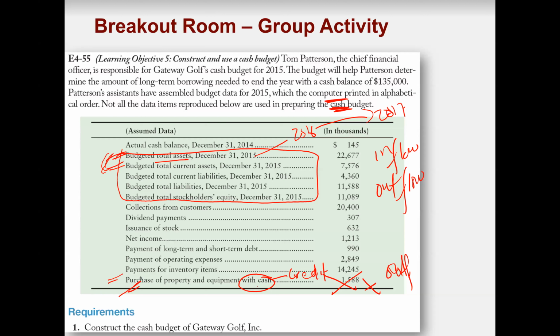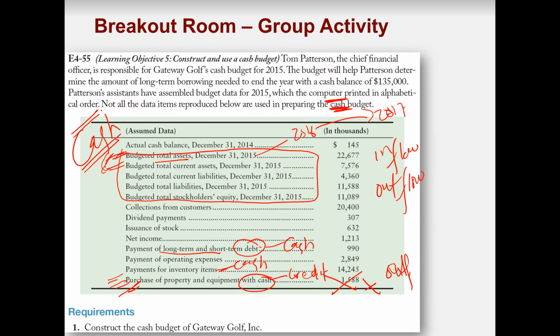If the question is silent, payment of long-term debt will always be in cash. Payment of inventory, always going to be in cash. But if you say purchase of inventory on account, then we won't include it in cash because we are making a cash budget.